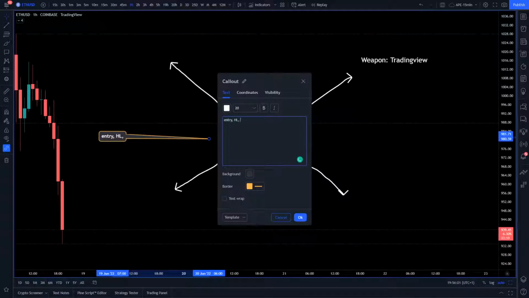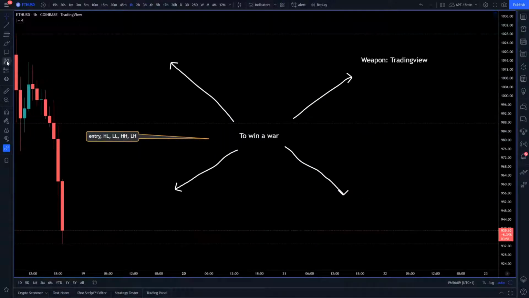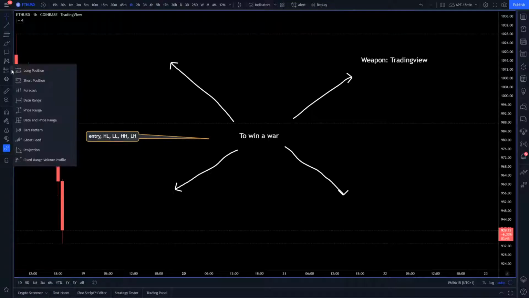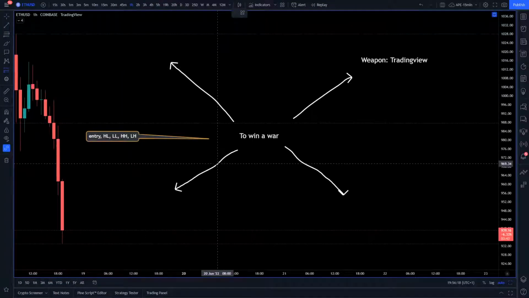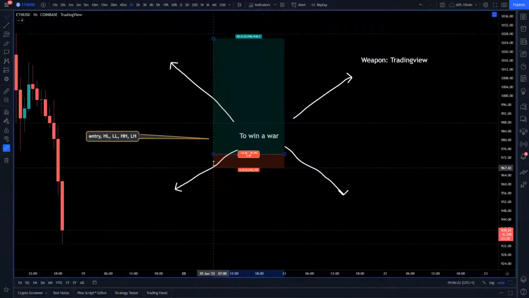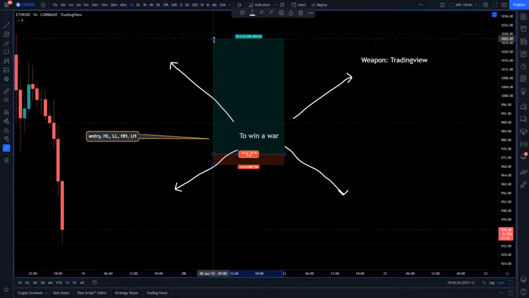That's what I always do. Lower low, higher high, lower high. Okay, and we also have Elliott waves, harmonics that we use. And just now I showed you that we can mark our chart with our entry and stop loss, take profit.